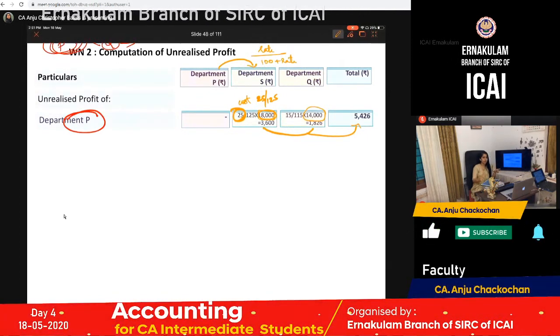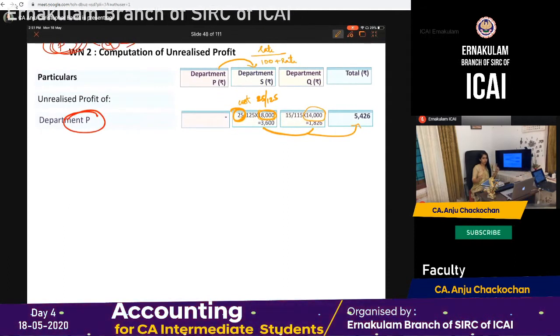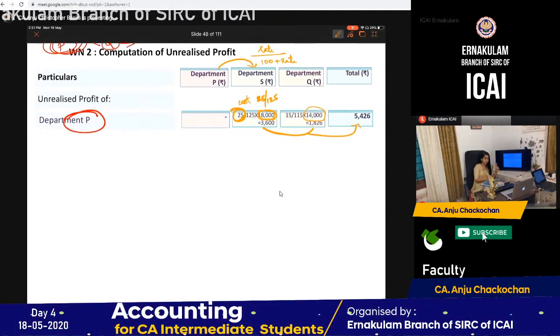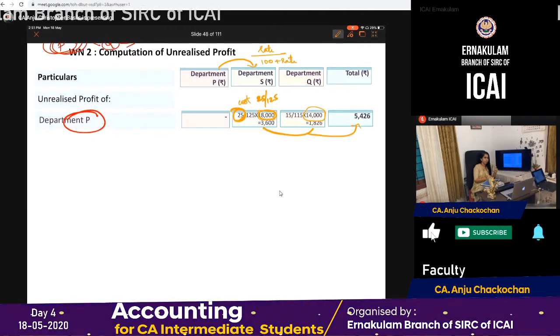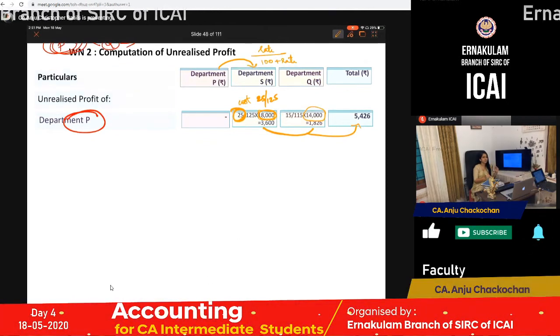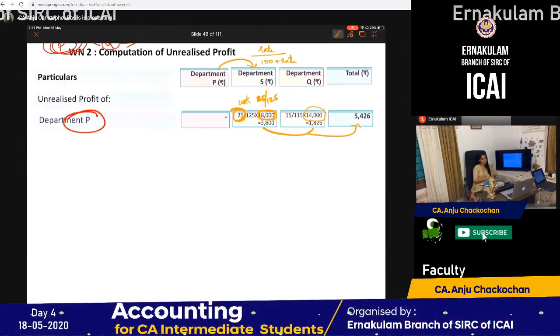Now do one thing. I have just computed the unrealized profit of Department P. I want you to compute the unrealized profit of Department Q and Department S, and let's see how you come up with the answers.